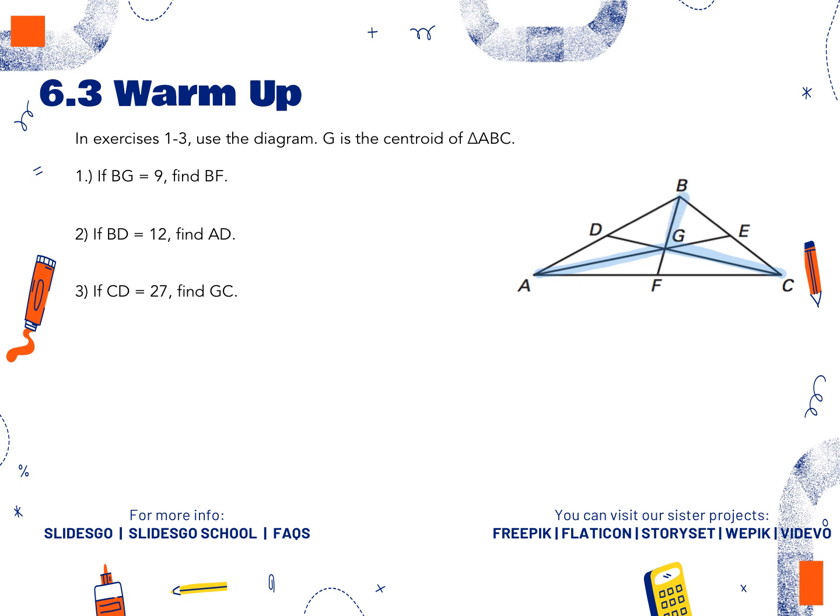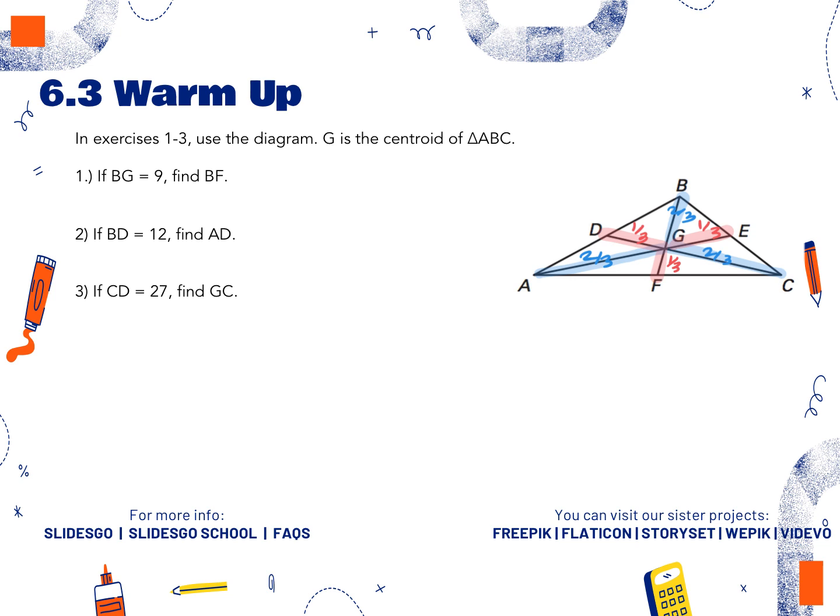So the blue one is going to be 2/3 the length of the entire median. And then from the centroid to the side, these are going to be the 1/3 portions. So we're going to be working with these as fractions. Do not try to make them decimals. You will not get the correct answer.